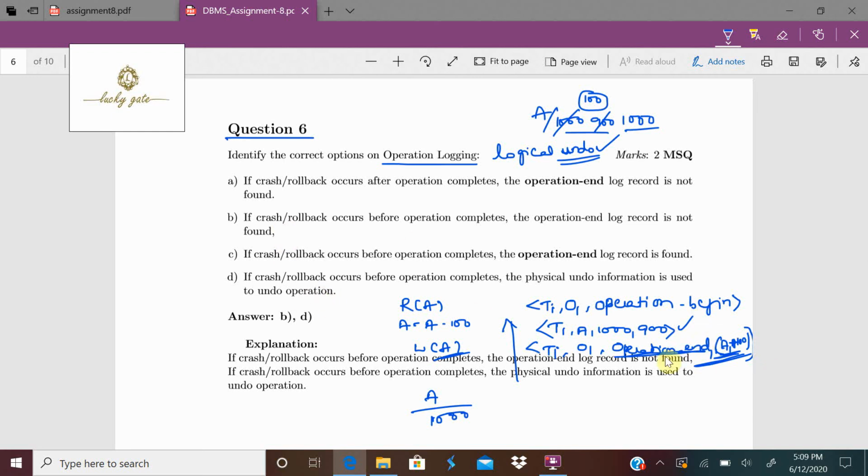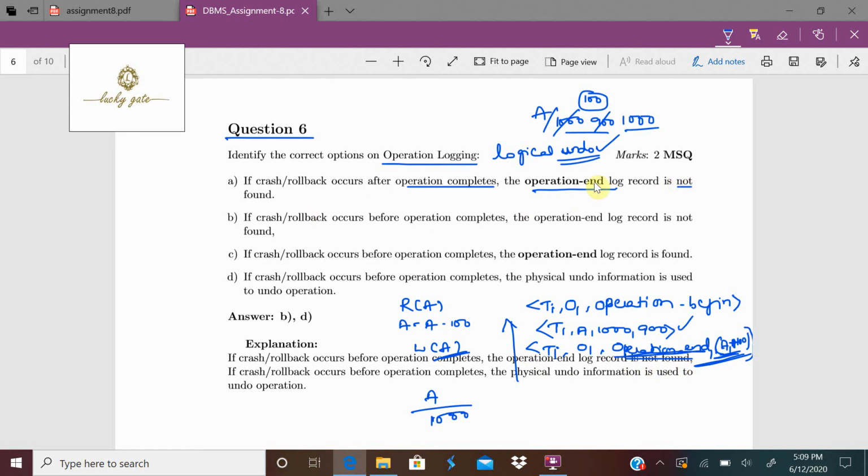Now, understand the concept, and try to answer the question. First option is, if crash or rollback occurs after the operation completes, the operation end log record is not found. If the operation is completed, it requires having an operation end log, but here it is given as not found.